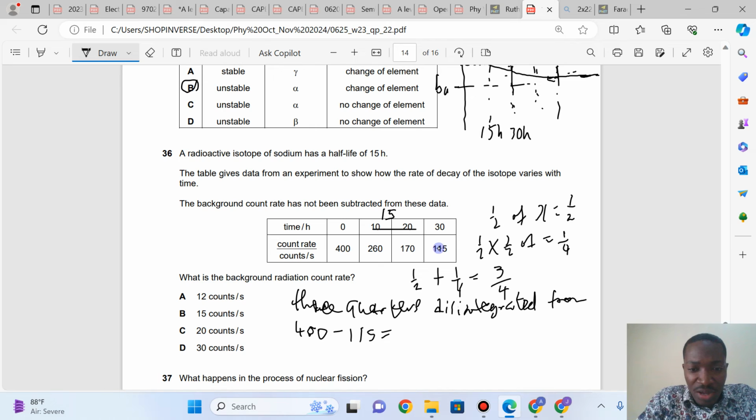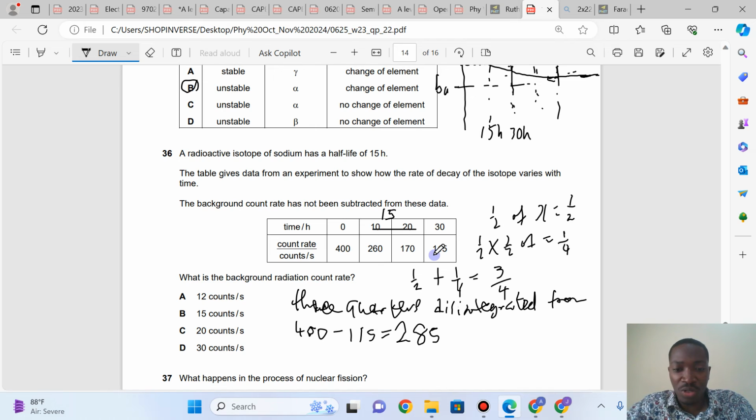So what's the difference now? 400 minus 115, what would that give us? That will give us 285. So three quarters would have gone between 400 and 115.